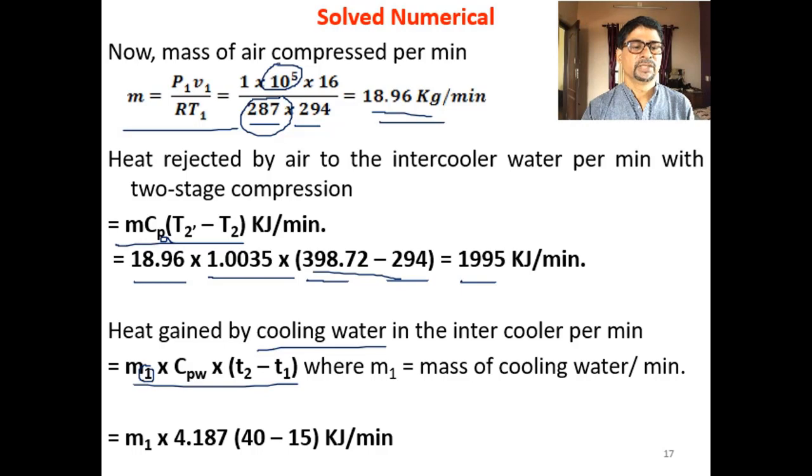Cpw is the specific heat of water. Though it is not given in the problem, you should know it as 4.187. Here M1 is not given, but t2 minus t1 is given. I am writing small t2 and small t1 because it's a temperature, and I am directly substituting it in Celsius. But you can convert both into Kelvin also and substitute.